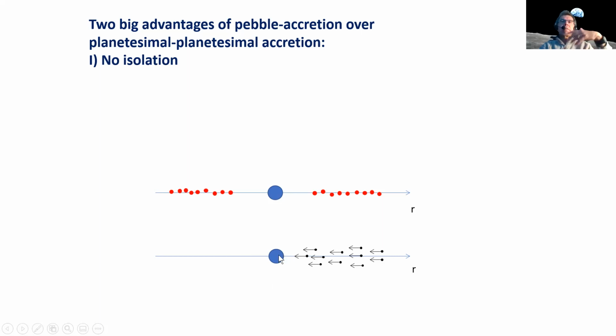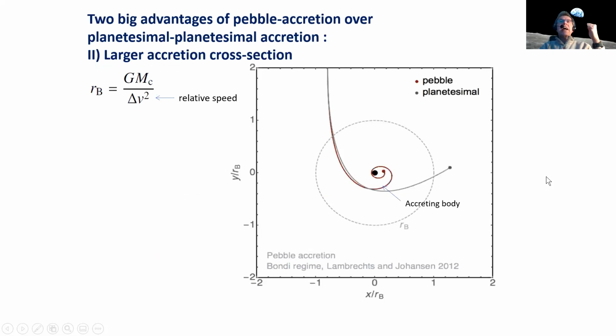Only when the planet becomes very, very, very massive, above 20 Earth masses, are there gravitational effects that can stop the flux of dust, as I will show later. So this is the first advantage, no isolation, because of the drift of dust and not the drift of planetesimals. The second advantage is that the accretion cross-section for a dust particle is bigger than for another planetesimal.